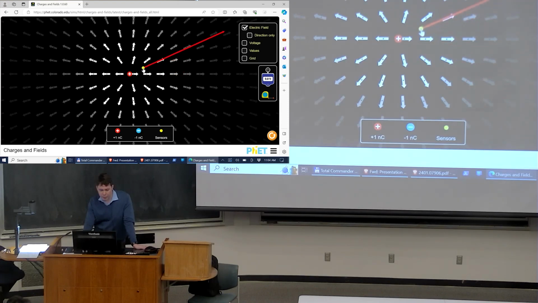And the closer we bring the test charge to this positive charge with probe, the larger the force, because the force depends on distance as 1 over r squared. So it diverges, it becomes infinite at the location of the charge itself, and it's quite small away from it, and it's always directed away from this charge.